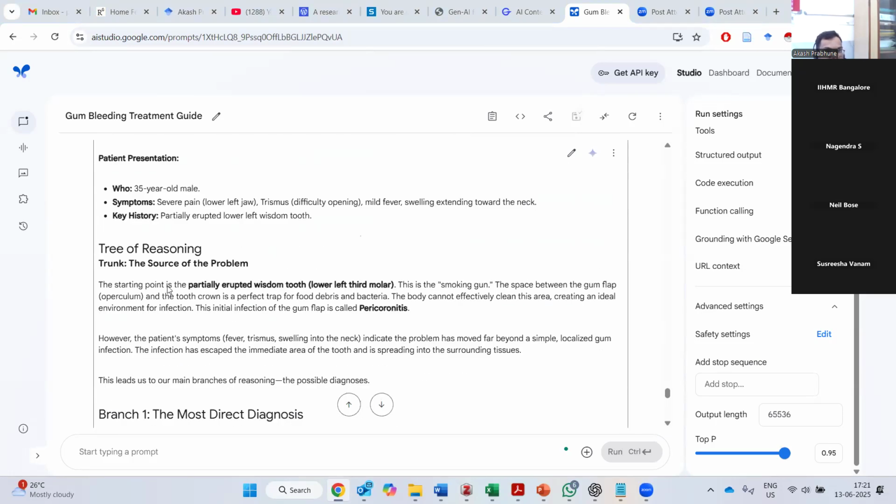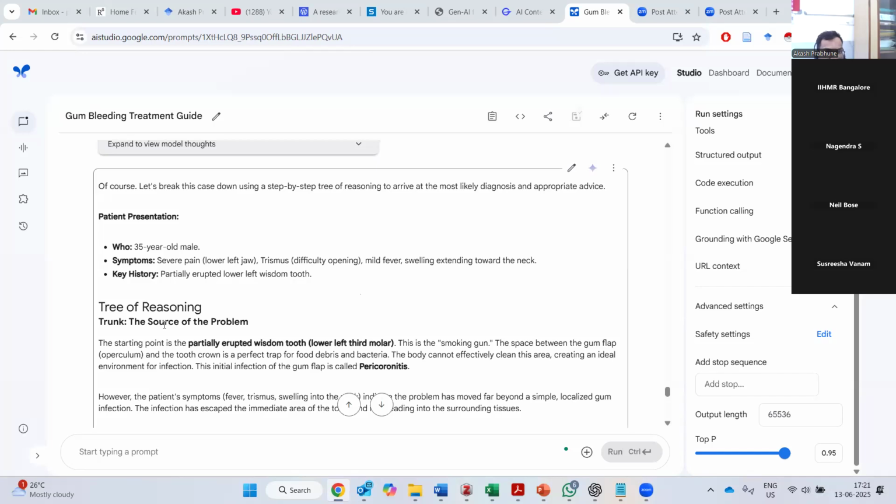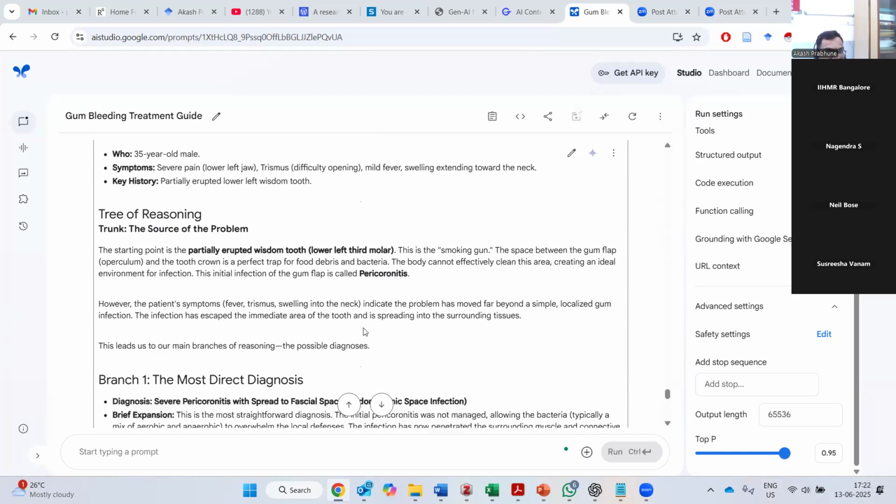So what it has done is split who, symptoms, and history. The tree of reasoning model, what we call the TOT, is that you have a trunk that is the source of the problem. The good thing is that it went directly to the partially erupted wisdom tooth. Then the space between the gum and flap, pericoronitis, this initial inflammation of the gums.